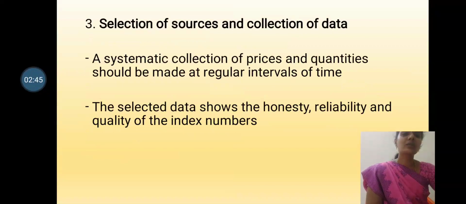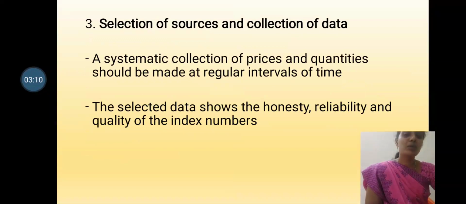So for the regular source of index number, a systematic collection of prices and quantities should be made at regular intervals of time from prominent business firms and standard retail stores located at different important centers. So here the selected shops should be those which are visited by a large majority of consumers and the customers.